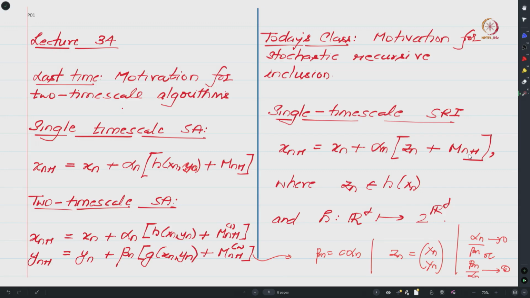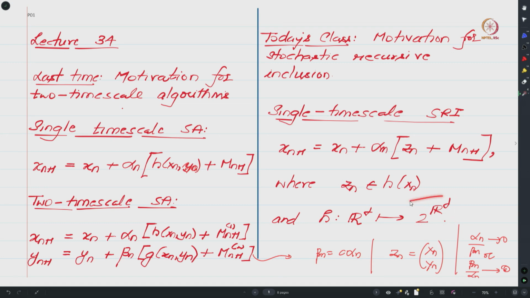So notice that unlike a single time scale stochastic approximation where we had h of xn, we don't have h of xn here. Instead we have zn, and we will presume that this function h is actually set valued. Set valued meaning for every x that comes as input to h, the output h of x is actually a subset of Rd.